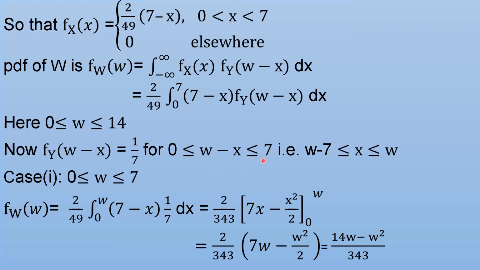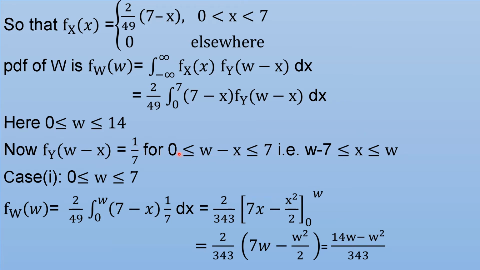And for remaining w minus x values other than 0 to 7, that fy of w minus x will be 0. So you take only that w minus x values between 0 and 7, so that this fy of w minus x will be 1 by 7.